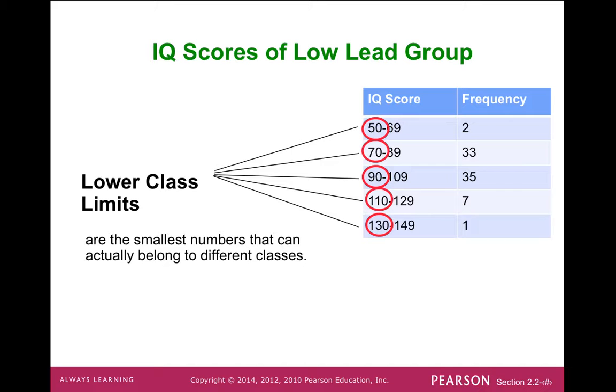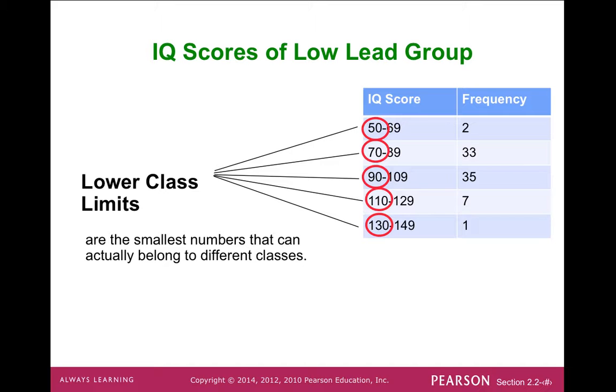Something else I want to point out on this slide, just beyond the basic table, is what are known as lower class limits. And these are known as the smallest number that can actually belong to a different class. So for instance, in the 70 to 89 class of IQ scores, 70 would be the lowest number that would be acceptable to be considered part of that class.